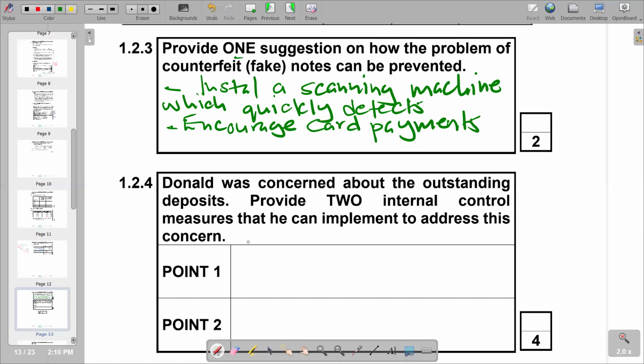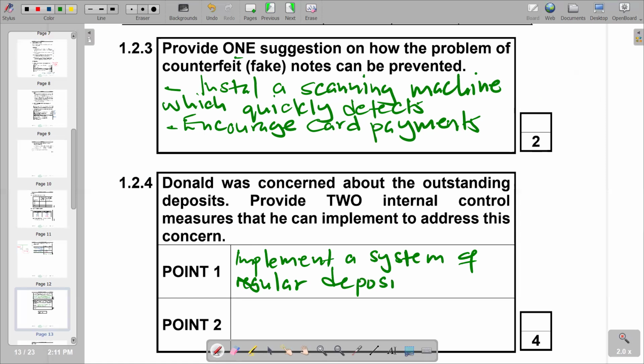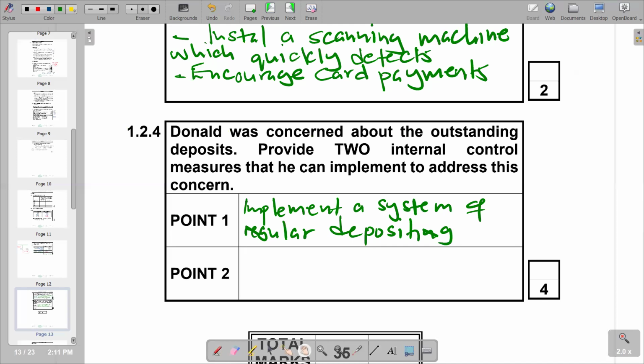So we can implement a system of regular depositing, that is routine depositing. So that may be a solution to the problem that is there.